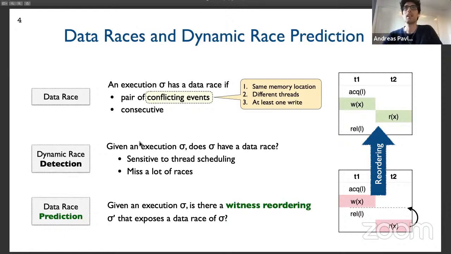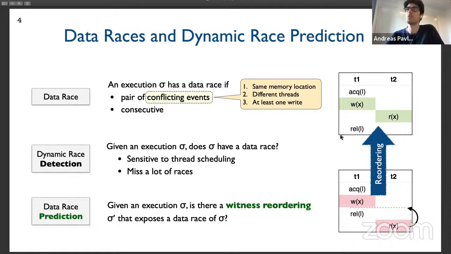As I mentioned, the errors we're looking at are data races. Data races, in case you're not familiar, occur when you have a concurrent execution sigma with a pair of conflicting events that happen at the same time and access the same memory location.